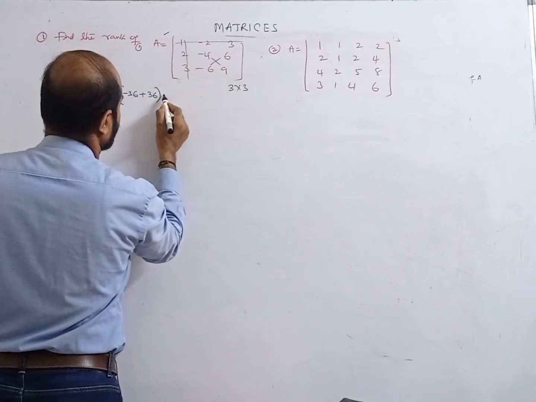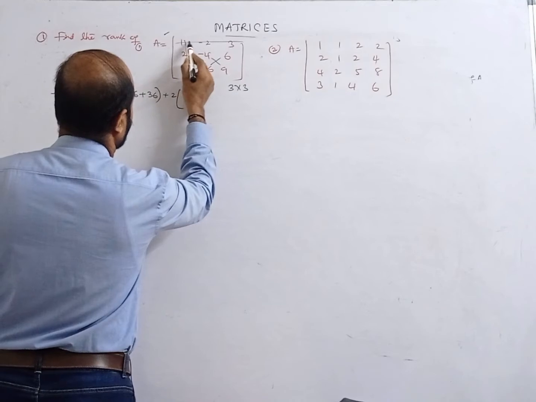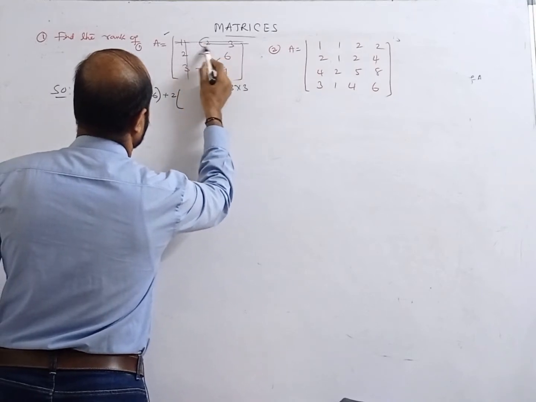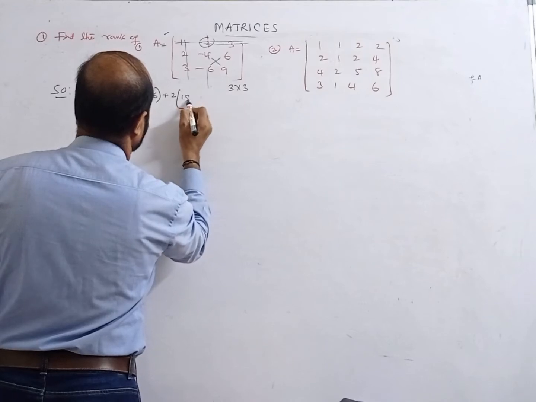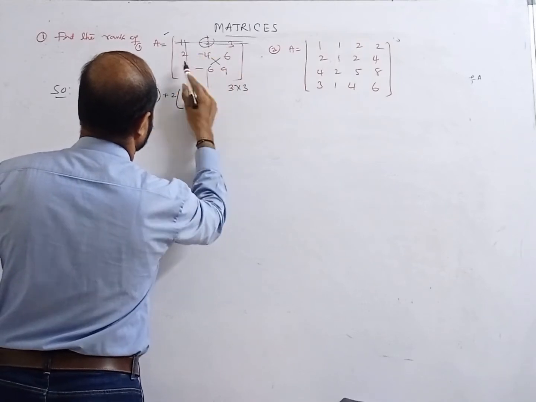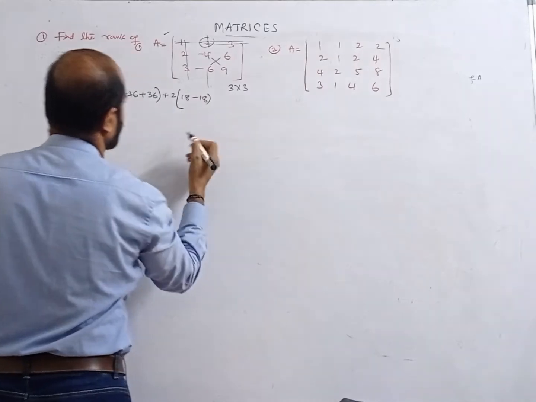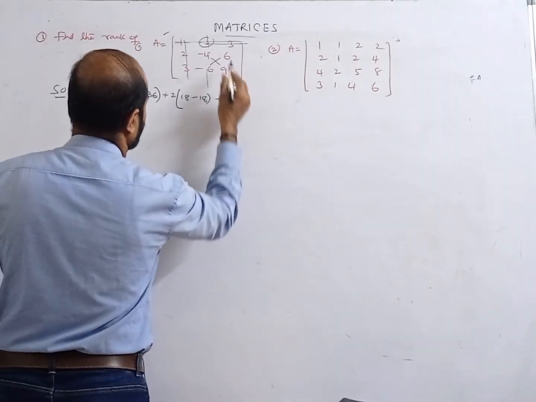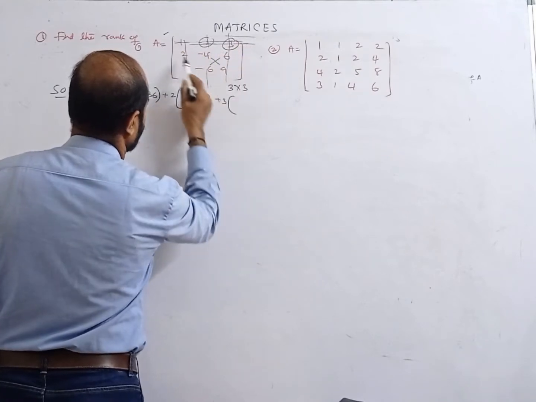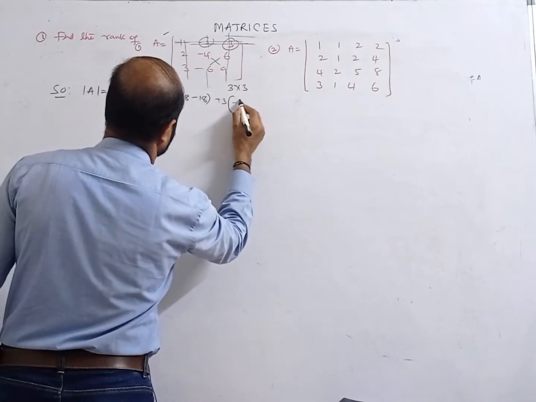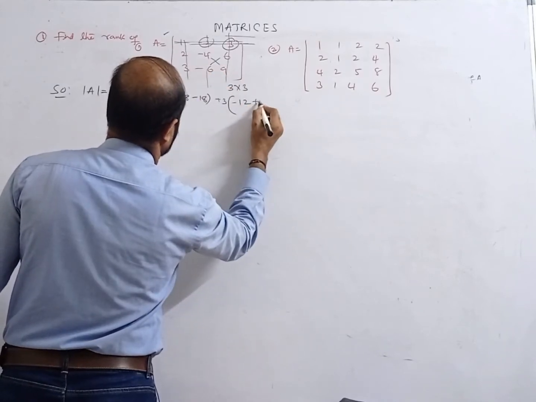And minus of minus 2, so plus 2 into, cross out this row and this column, then 2 into 9 is 18, so 18 minus 18. Next plus 3 into, cross out this row and this column, 2 into minus 6 is minus 12, and minus of minus, plus 12.